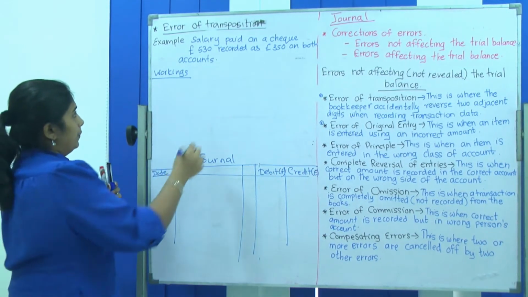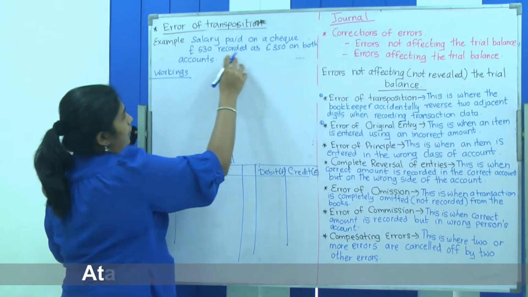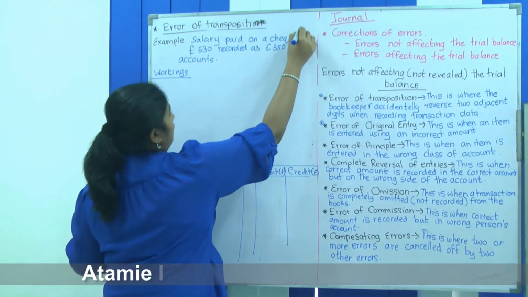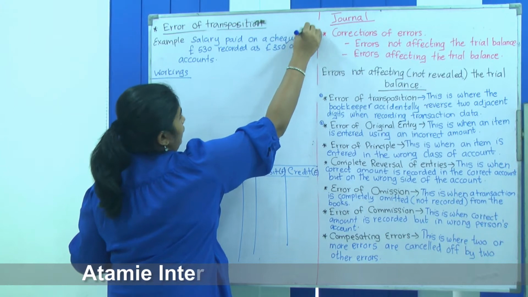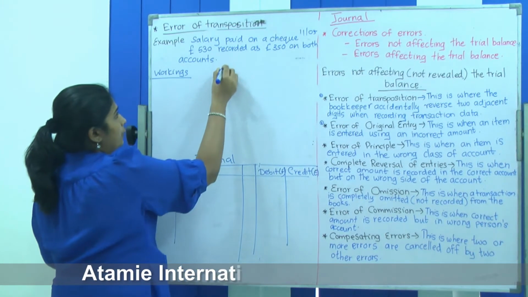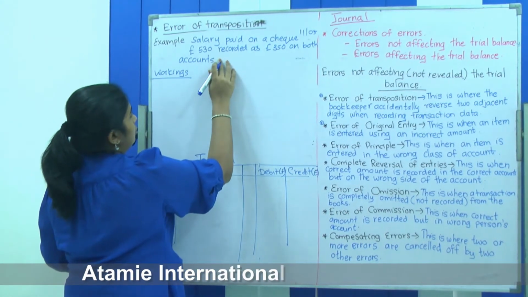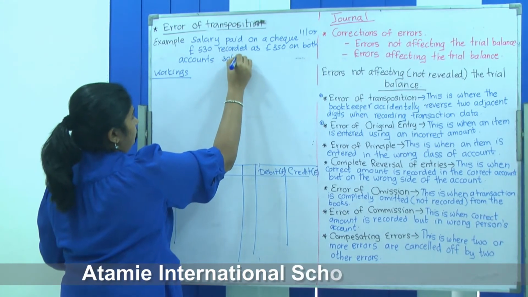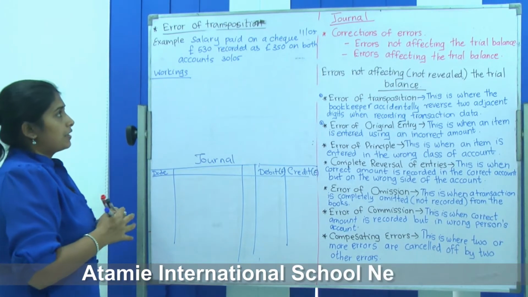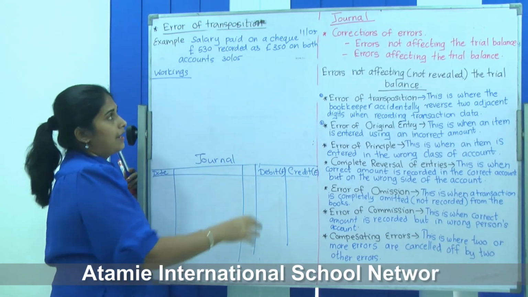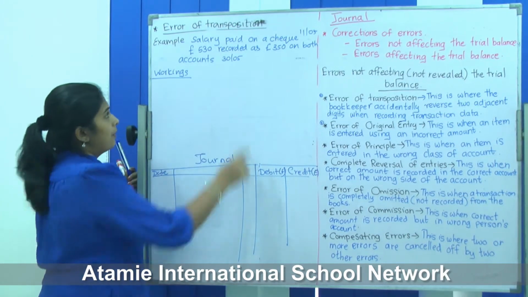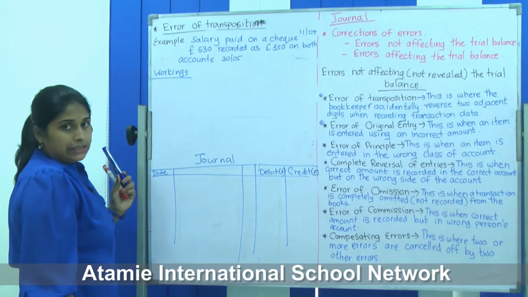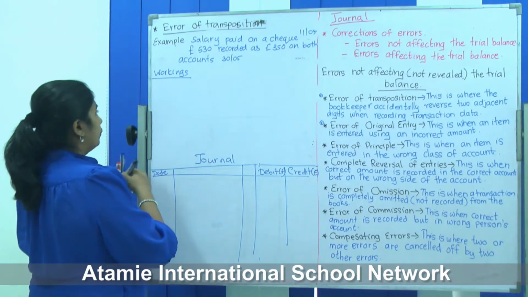So the workings will be: normally when you are paying salary, you paid salary using a check on 11th May and you found the error on 30th May. The transaction was done on 11th of May, but you found the error on 30th May. Now I'll show you.